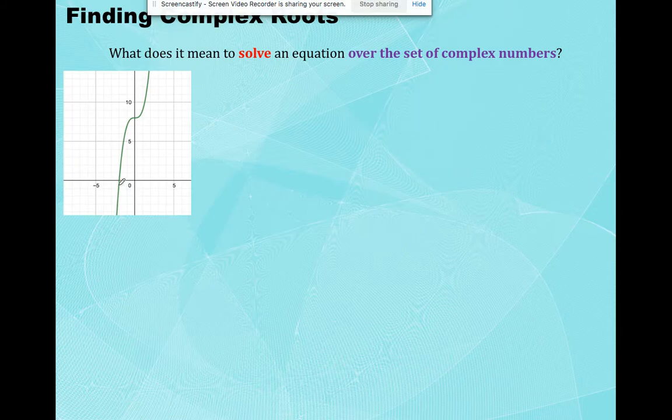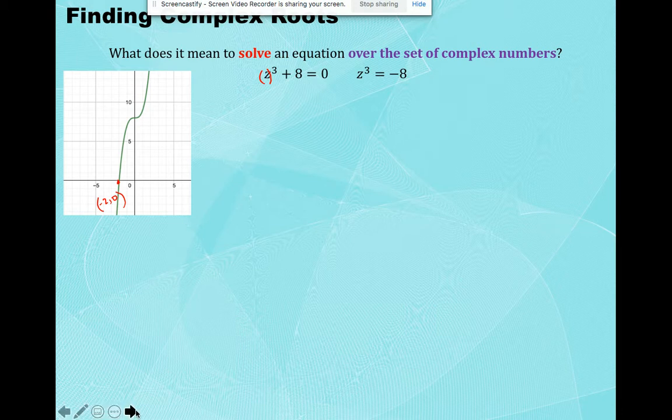That means you can't just take this and say my solution is -2. Yes, in the set of real numbers, that is one solution. But since I have complex zeros, non-real zeros as well as real, I notice I replaced the x with a z. And then I moved the 8 to the other side.